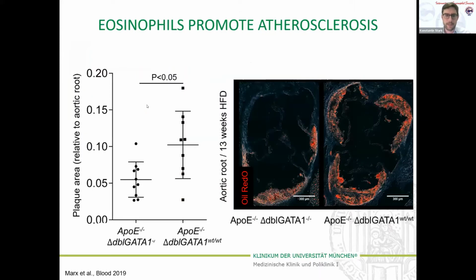To our surprise, we saw that the mice which didn't have eosinophils, the DblGATA mice, also had less atherosclerosis, as you see here on the right side.